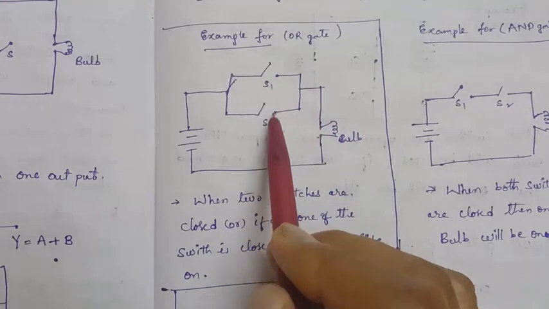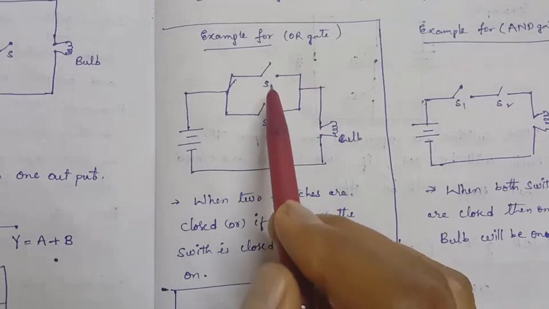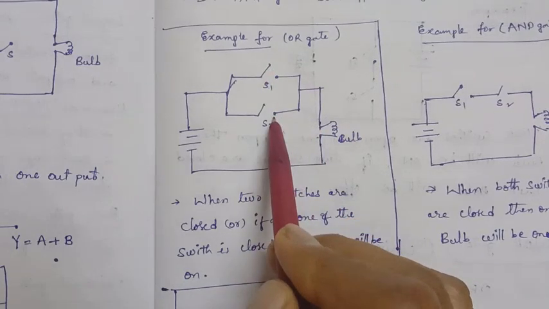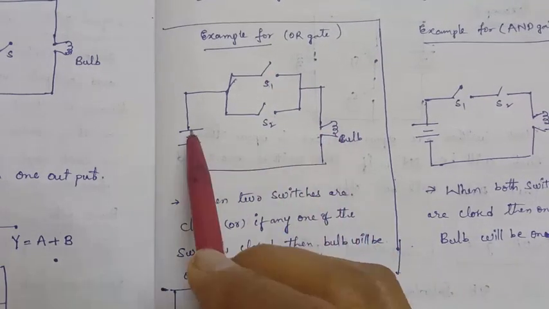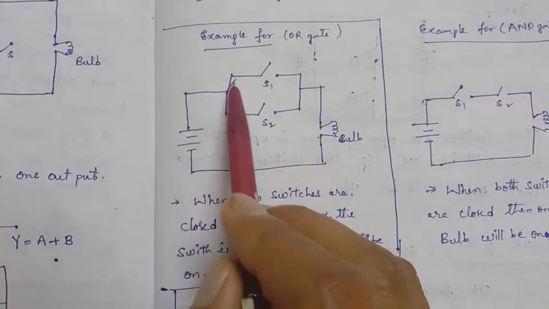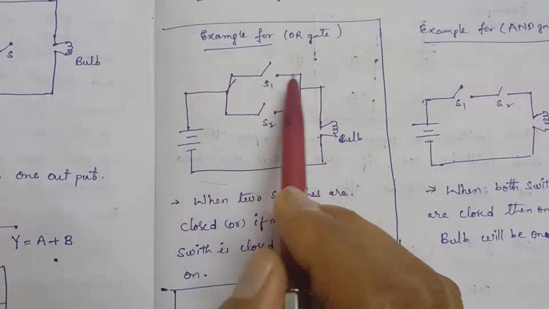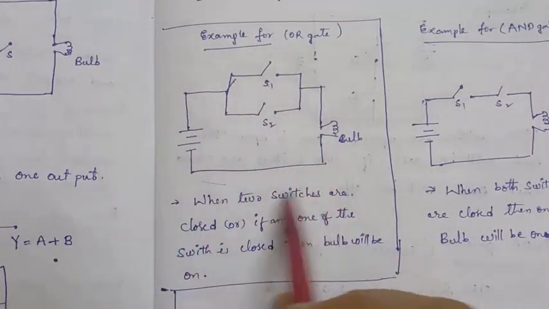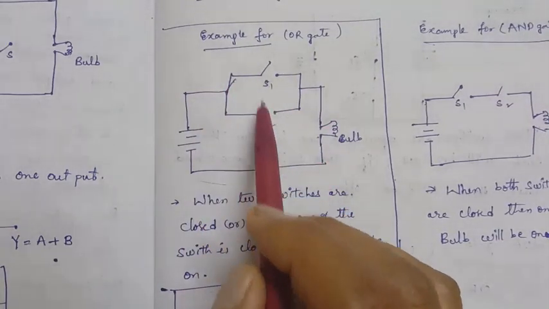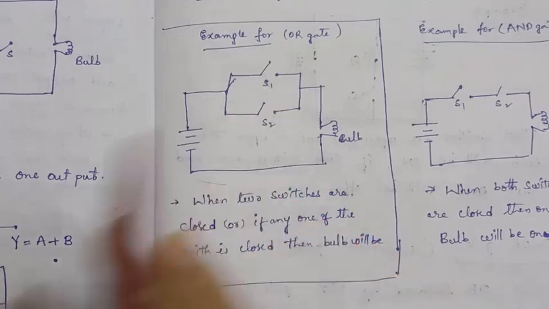If you open these 2 switches, then the bulb will be off. Why? Because here the current will be flowing like this, and it will be a closed circuit. In between it will not be closed.